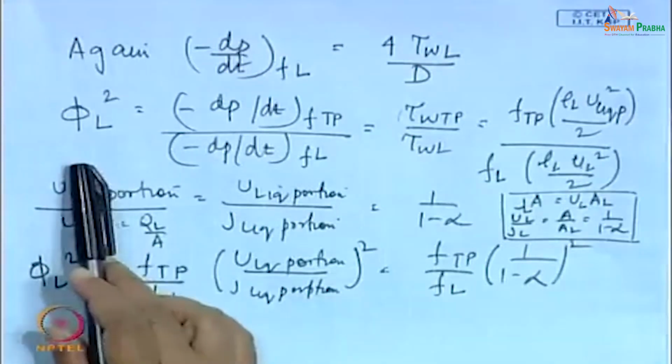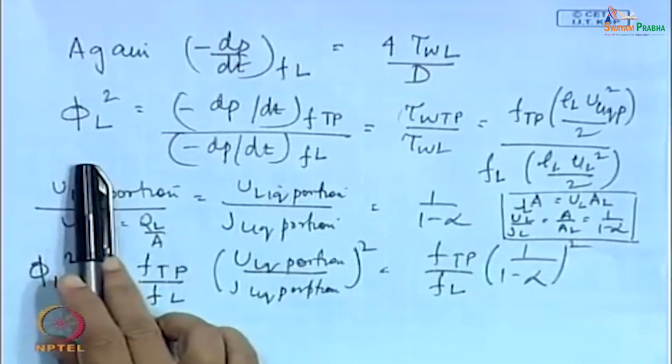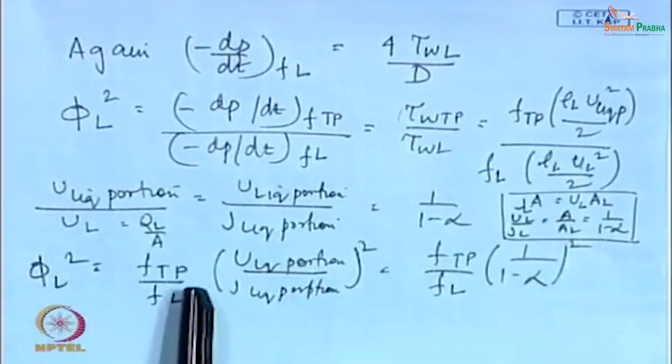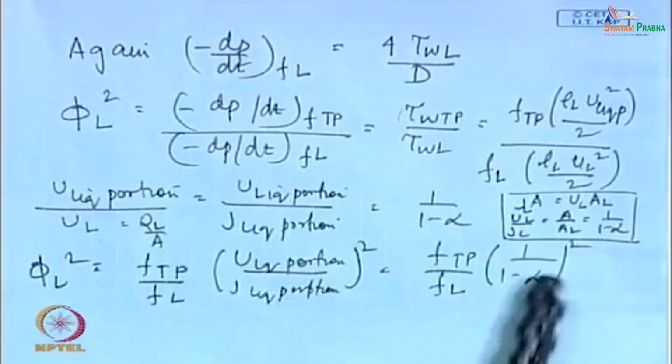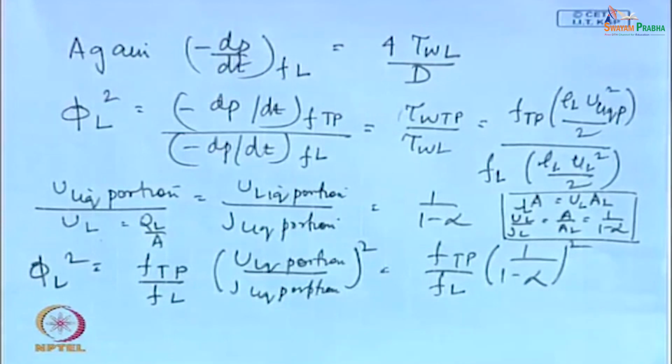Agreed? So, what did I get? I obtained from this entire derivation phi L square to be F TP by F L into 1 by 1 minus alpha whole square. This has nothing to do with homogeneous, mind it. It is simply a separated flow model.